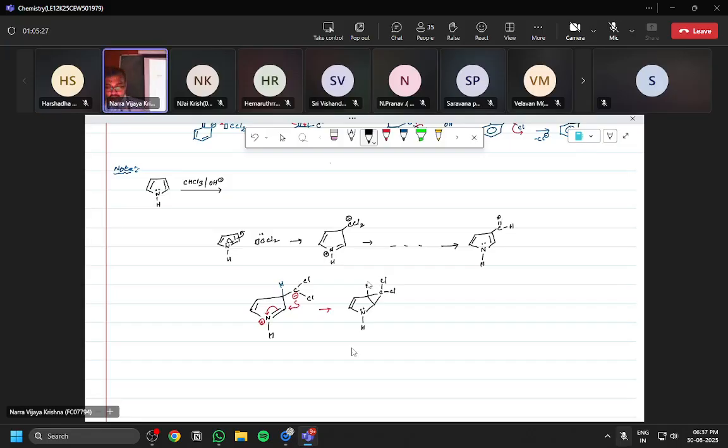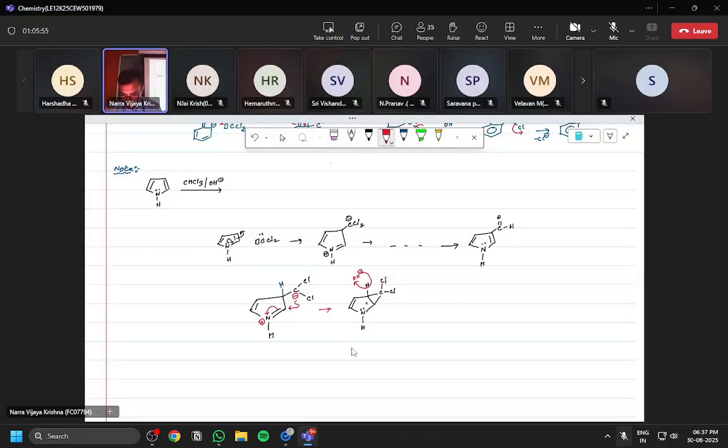Right? Now, the base will pull this H plus out. If the base pulls this H plus out, you will get a negative charge here, correct?